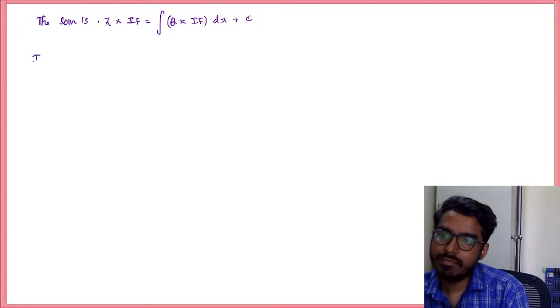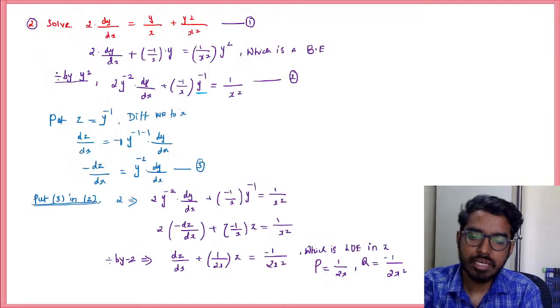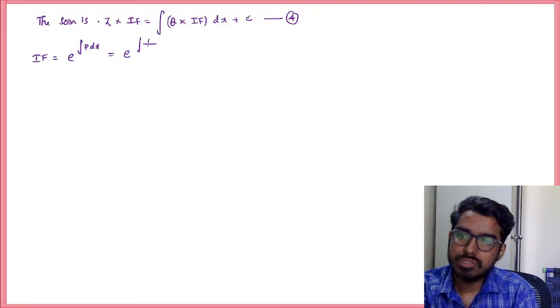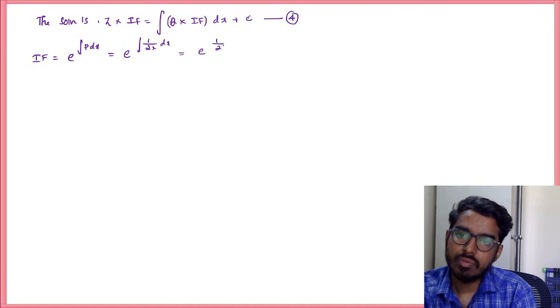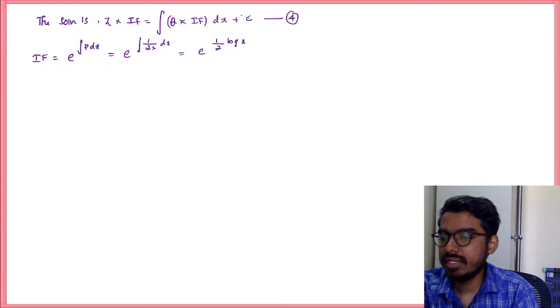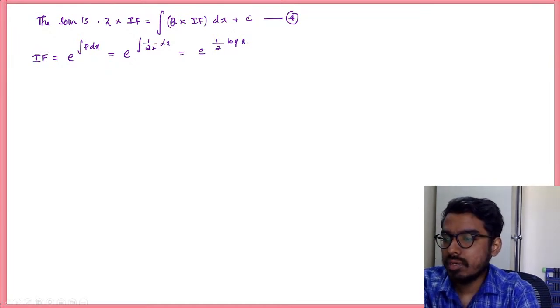So what is the integrating factor? e power integration of p dx. So e power integration of 1 by 2x dx, this is e power 1 by 2 integration of 1 by x, which is log x, right? So this will be root x, right?